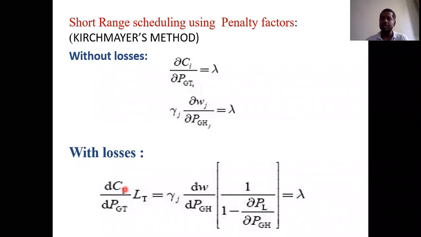In order to represent it, we need to consider one more parameter, gamma. This parameter converts the water inflow rate to the incremental fuel cost of the hydropower plant. So that's why we need to consider one more parameter, gamma.